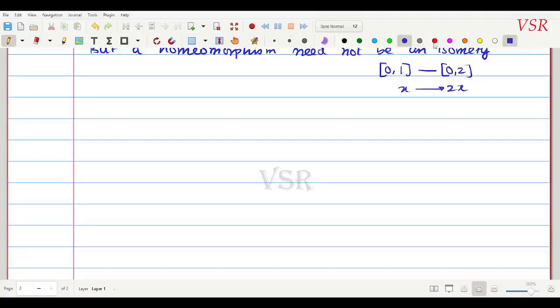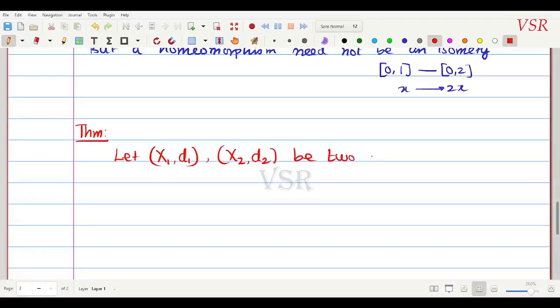Okay, so theorem, அடுத்த theorem. Let (X1, d1) and (X2, d2) be two metric spaces and f is a function from X1 to X2, which is an isometry.